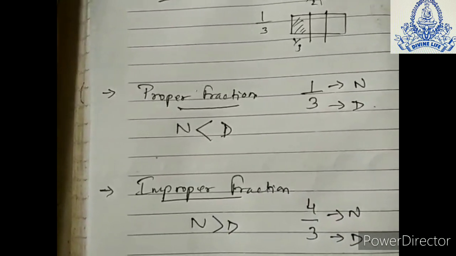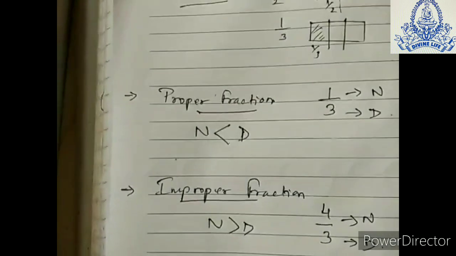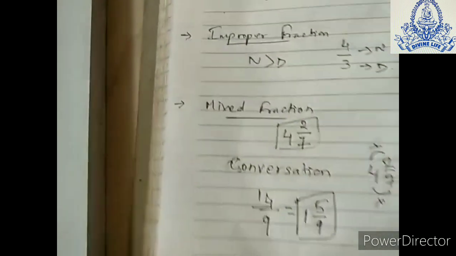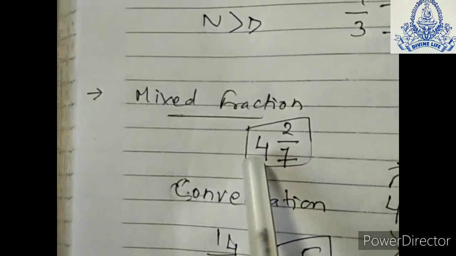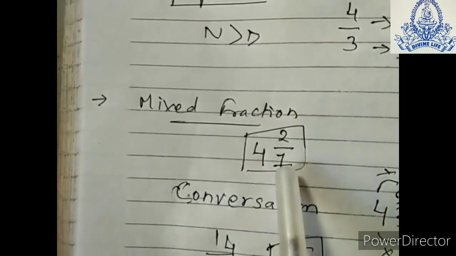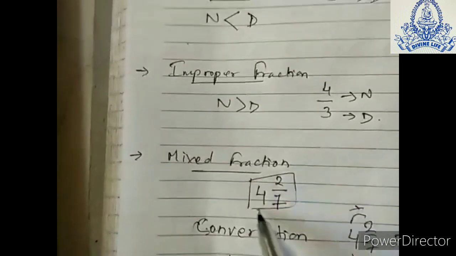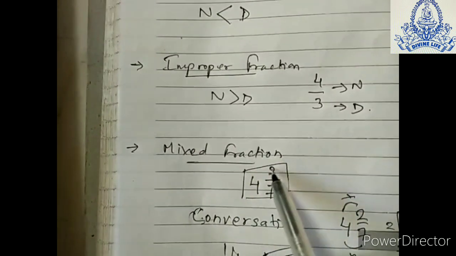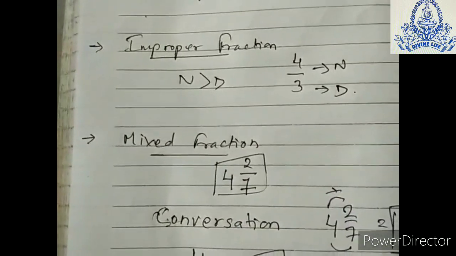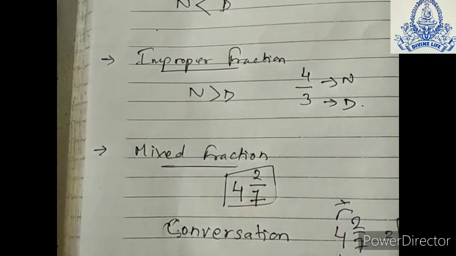Another one, the third fraction, is known as a mixed fraction. Suppose the number is 4, 2 upon 7. Two parts are there, one is a whole number, another is a fraction, and both together are known as a mixed fraction, in the form 4, 2 upon 7.